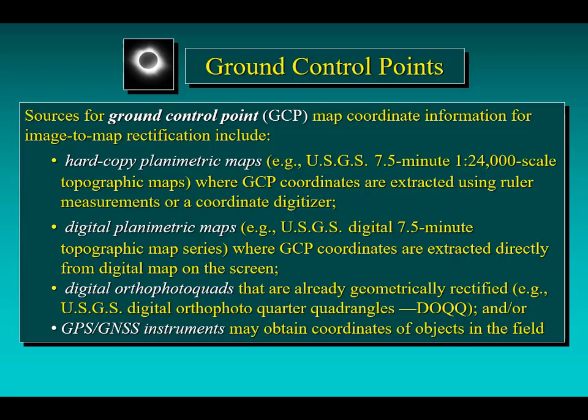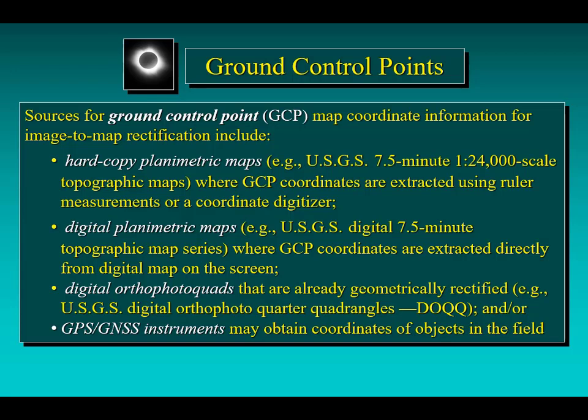And then another source would be digital orthophoto quads, and these are images that have been already rigorously geometrically corrected, such that it appears as if we are looking down at nadir for all the features within the image, and that does often serve as a very effective base map.